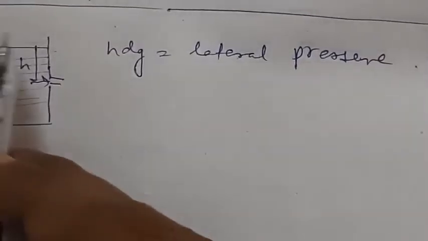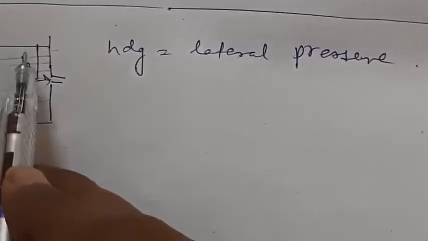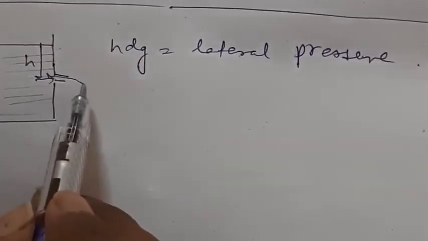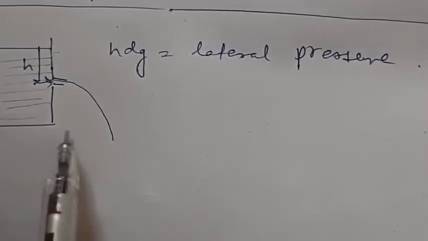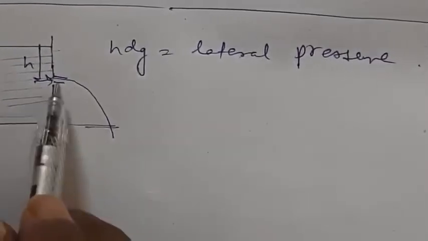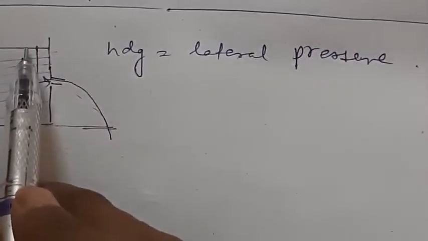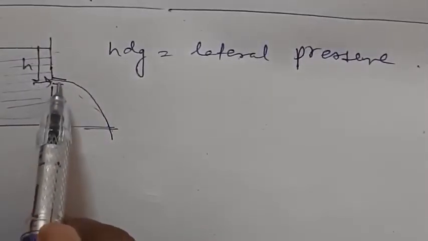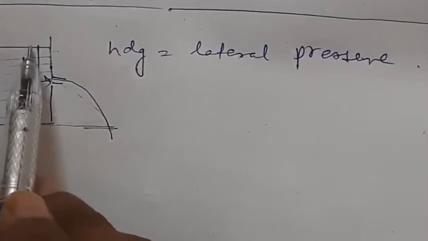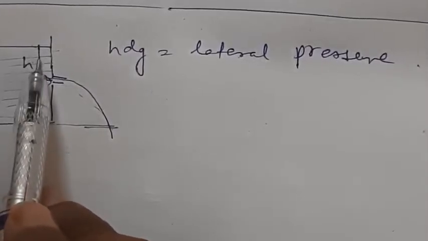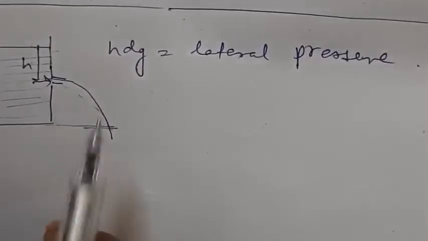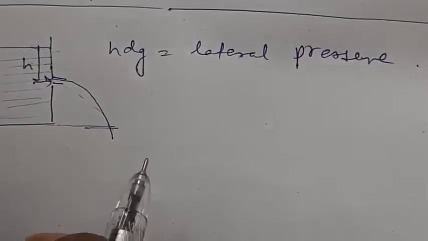Now what happens, the liquid tries to flow out of this hole like this. The liquid flows out in this fashion. Now as the level of liquid falls because the water is moving out of the hole, as this top layer recedes downwards, the velocity of flow also gets reduced.